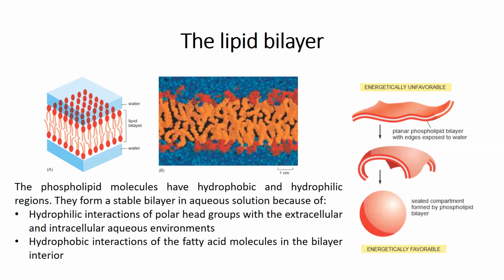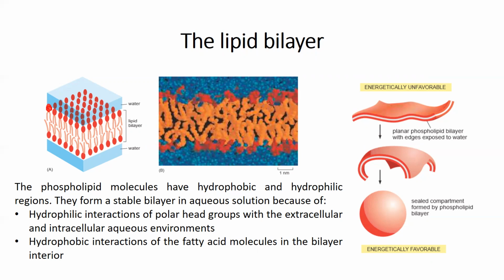Because of this structure, the lipid molecules are organized in a way where the tails are facing each other, and the heads, because they are hydrophilic, are facing the aqueous solution, which exists in both the intracellular and the extracellular environment. You can see here the lipid molecules.